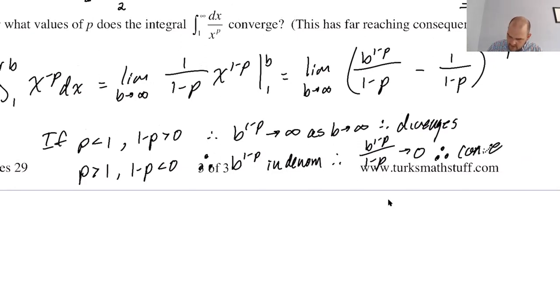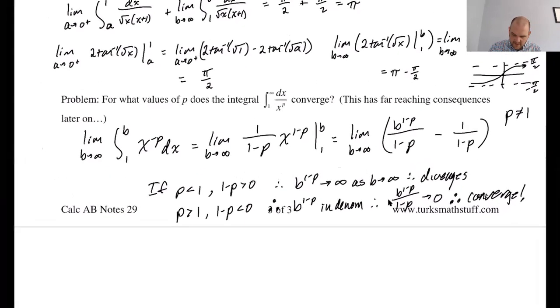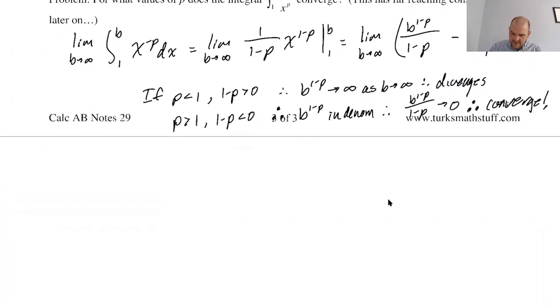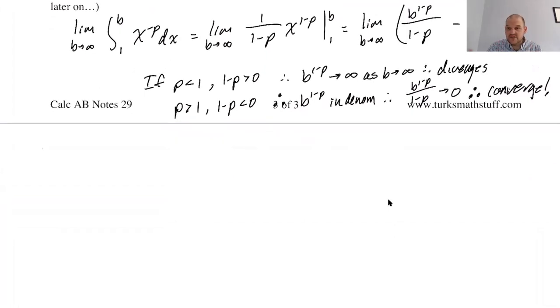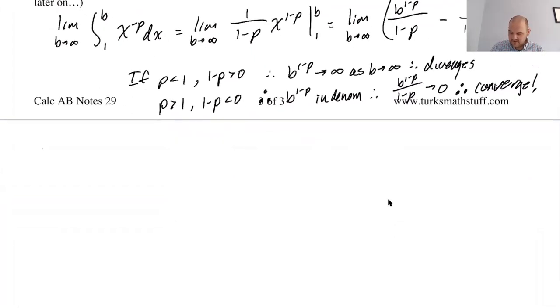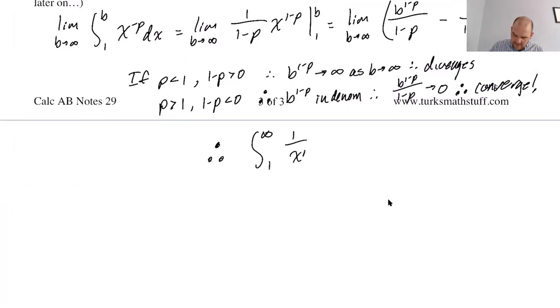Okay, so where could we write our final answer? I'm going to write it here because I have this whole extra page that shows up when I get to the bottom of these notes. So I'm going to say, therefore, the integral from 1 to infinity of 1 over x to the p dx converges for p greater than 1 and diverges for p less than or equal to 1.